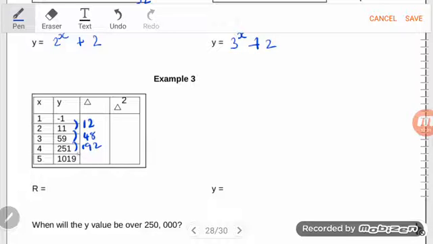Then 192, and that's a massive number. 1019 minus 251 is 768.